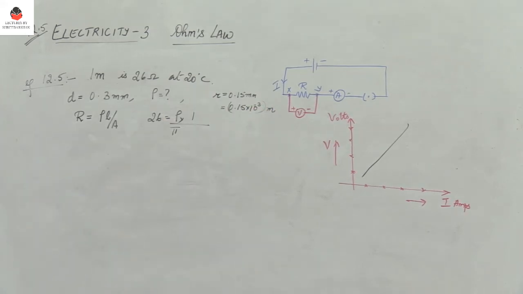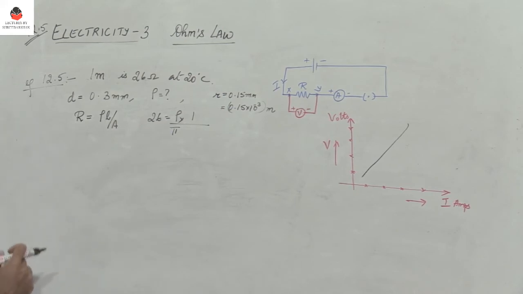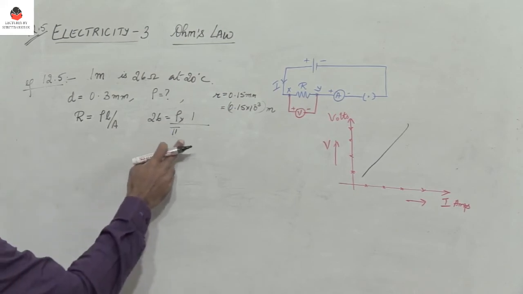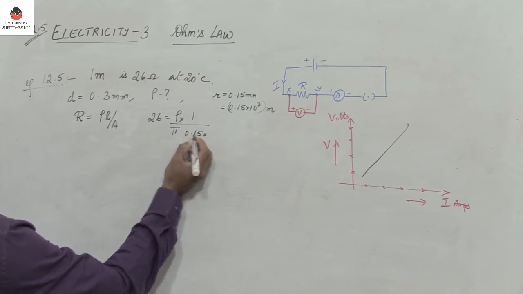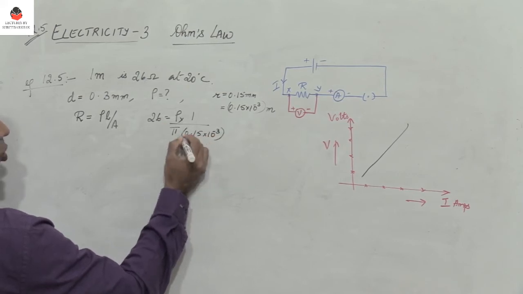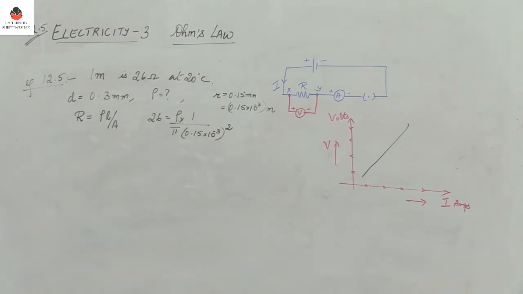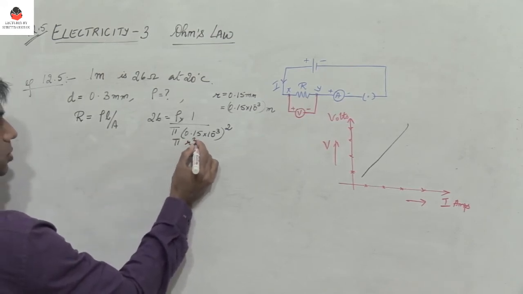Because I'm converting millimeter to meter, I have to convert the radius into meter also. So it is 0.15 into 10 power minus 3 the whole square, because this is pi r square, where r happens to be the radius.